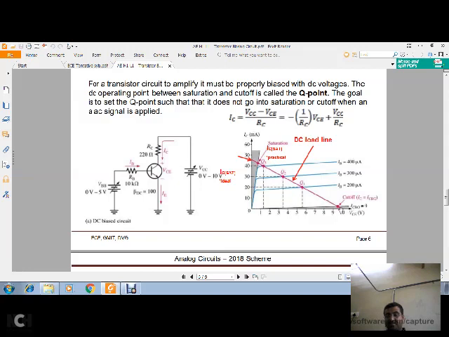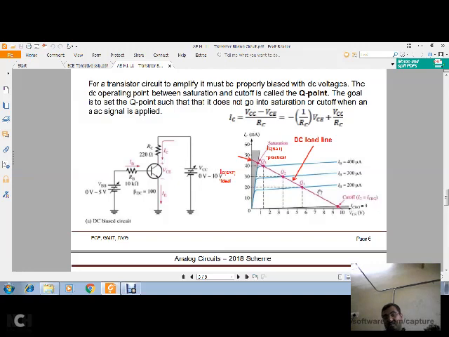Once you get these two points on the x-axis and y-axis, if you join them by drawing a straight line, it is called a DC load line. It is called this because the circuit is working under DC condition, DC biasing is done, and the slope of this line depends upon the load, that is RC. That is why it is called the DC load line.